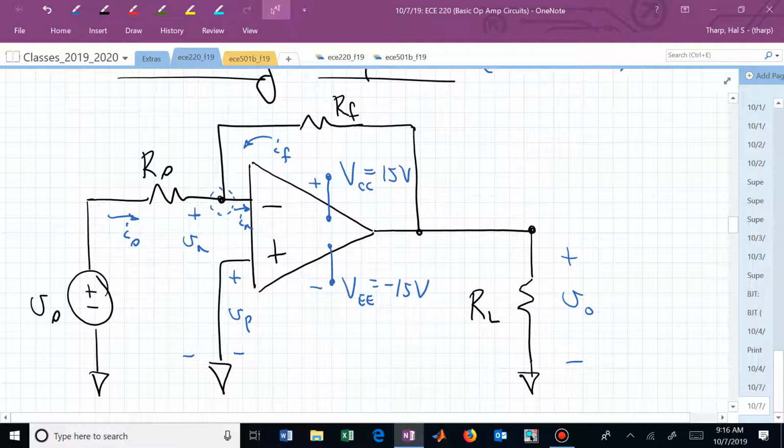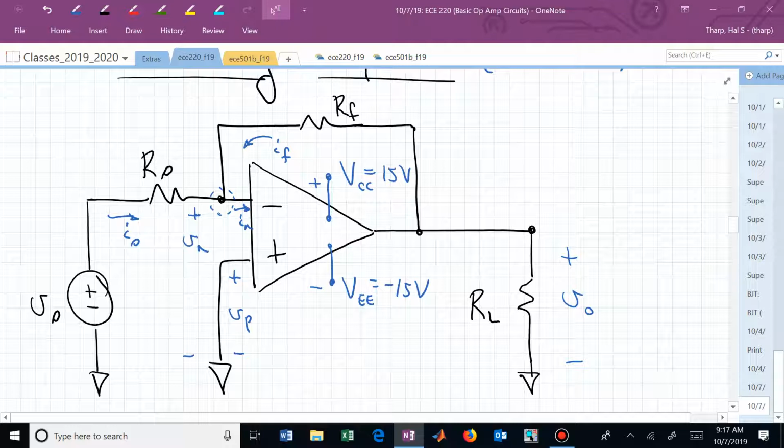That's the voltage dropped from left to right across R sub s, divided by R sub s, which is V sub s on the left minus where we're going, which is V sub n, divided by R sub s. That's I sub s. What's I sub f? Using a similar thought process, isn't that V sub o minus V sub n divided by R sub f?